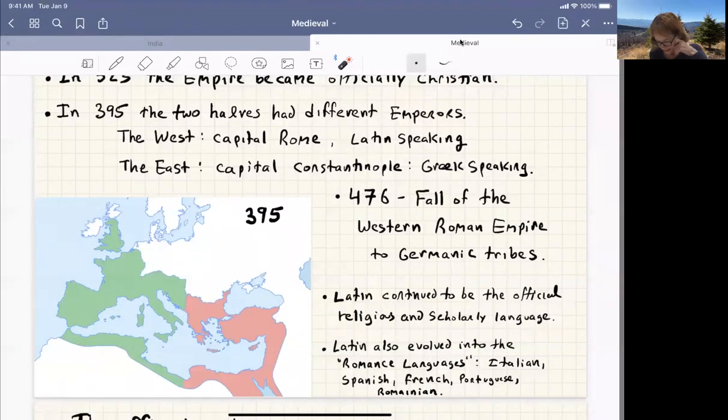However, Latin continued to be the official religious and scholarly language of Europe. And of course, Latin also evolved into the Romance languages. So that includes Italian, Spanish, French, Portuguese, and Romanian.